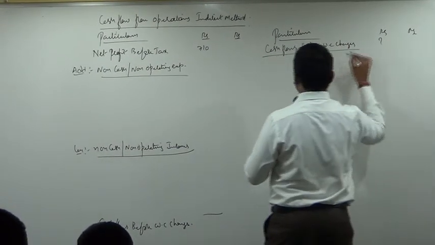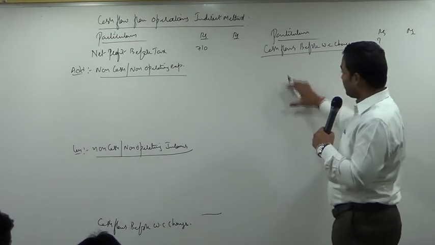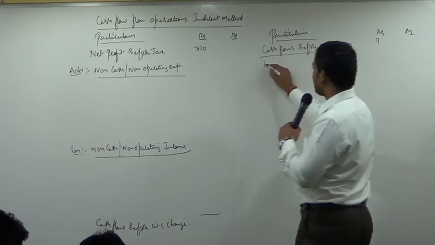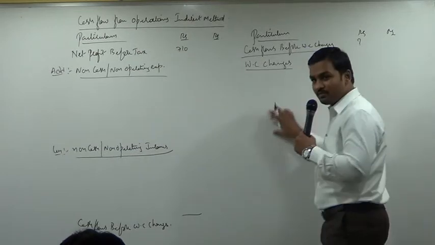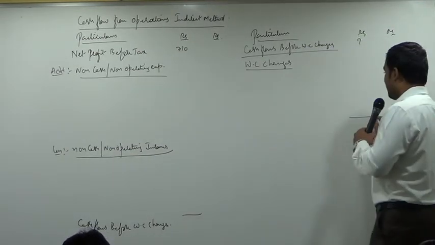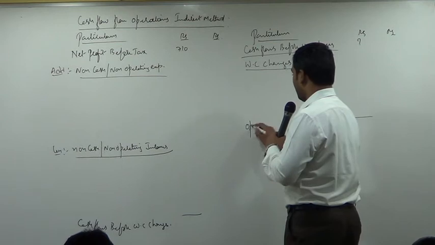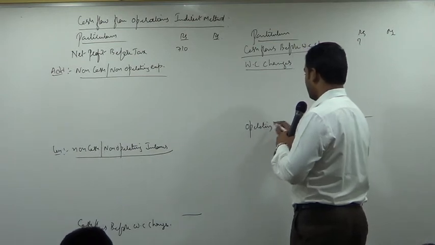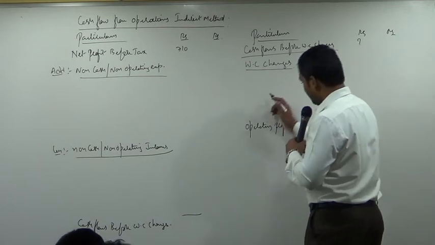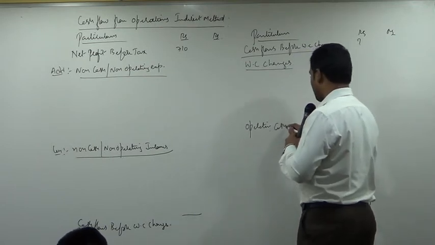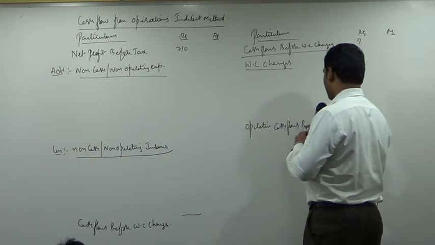After this, what shall I show? Working capital changes. Then need some space. Then what should I do here? I will get operating cash flows before tax.